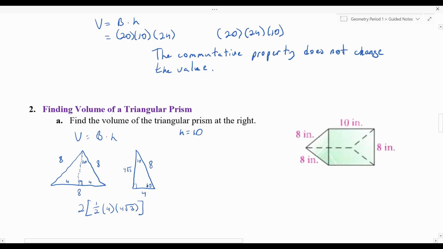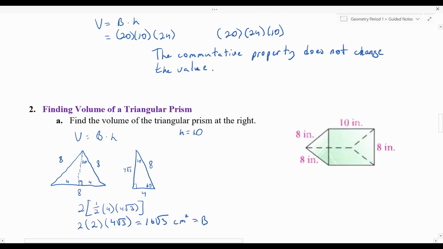All right, I'm going to close that bracket here. I'm going to start cleaning this up a little bit. So it says 2 times 2, because 1/2 times 4 is 2, times 4 square roots of 3. And when we multiply all this, we get 16 square roots of 3. And this is going to be centimeters squared. This is just the area of that base. All this is B.